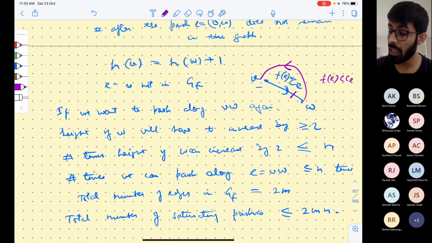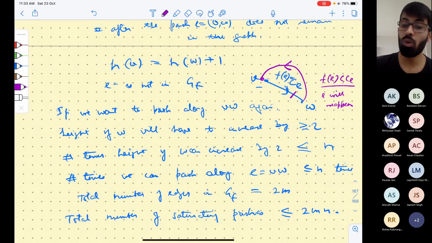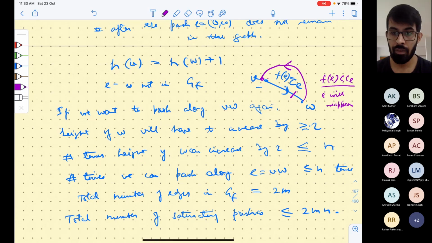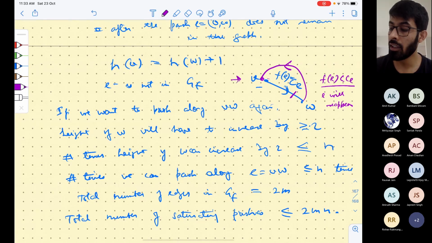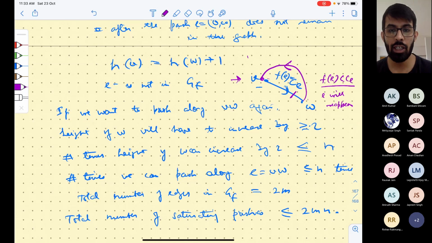Because we can push on it again only if Fe is less than Ce, and that's when E will reappear. Right? And when can W send something to V? When W is above V. Otherwise, W cannot send something to V. And V's height is not going to decrease definitely. So W's height has to increase by at least 2 for it to send some flow to V.